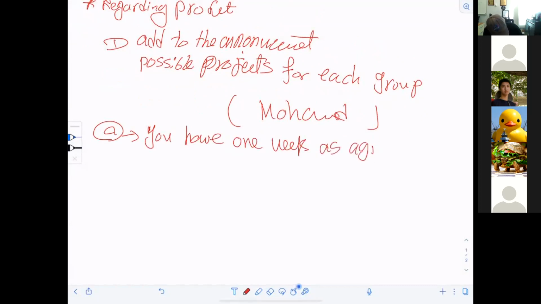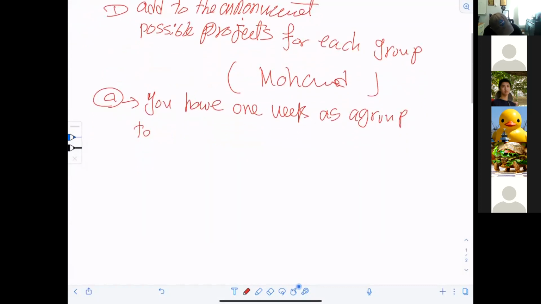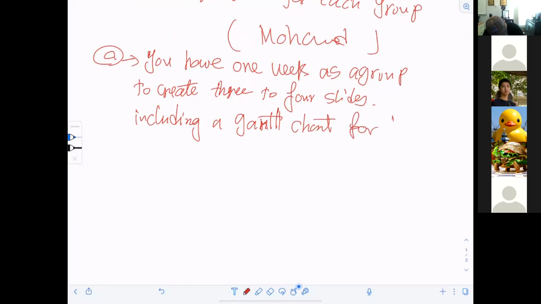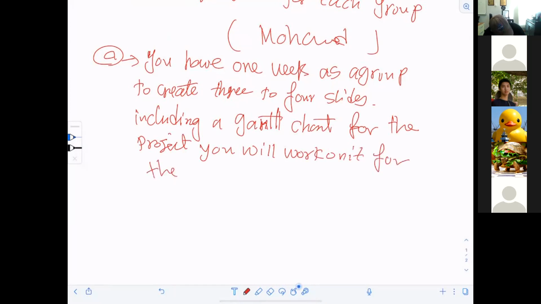As a group to create 3 to 4 slides, including a Gantt chart for the project you will work on for the rest of the semester.